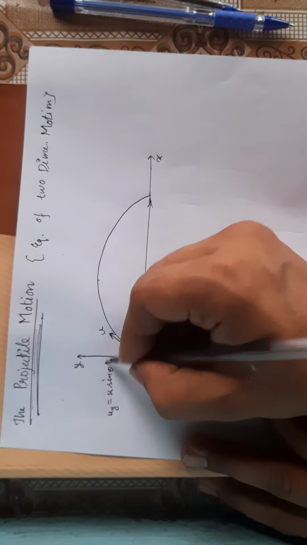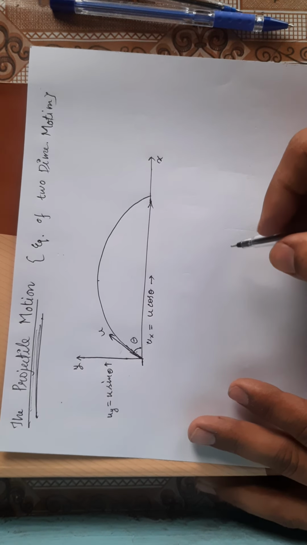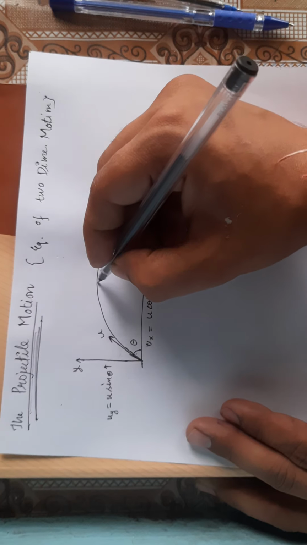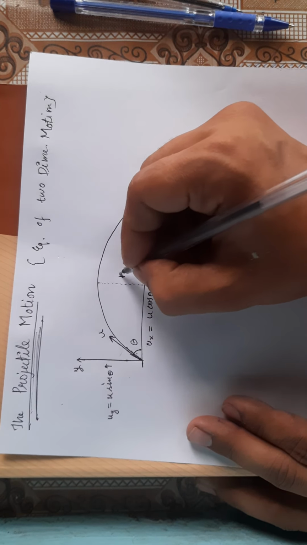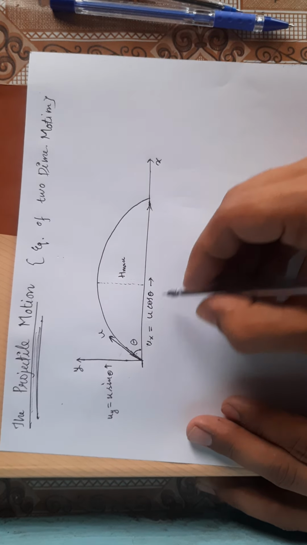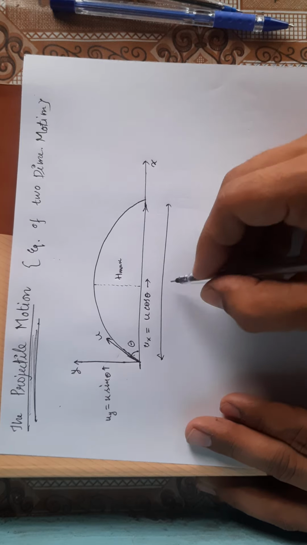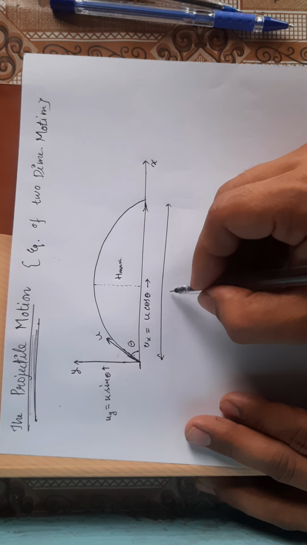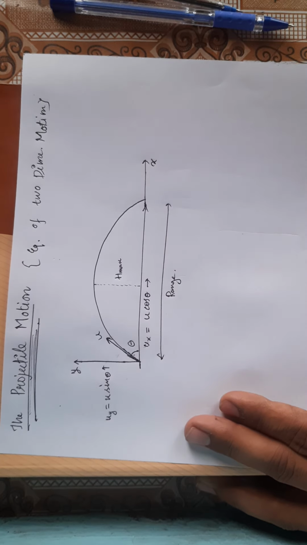The direction is upward along y and along the x-axis for x. The maximum height we call Hmax, and the maximum distance covered along the x-axis is called range.